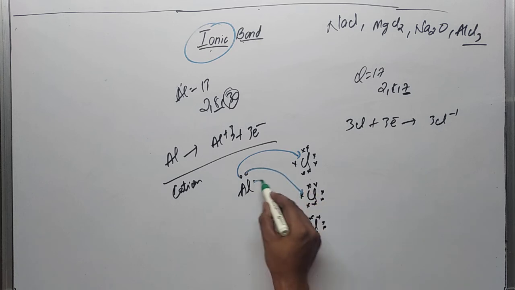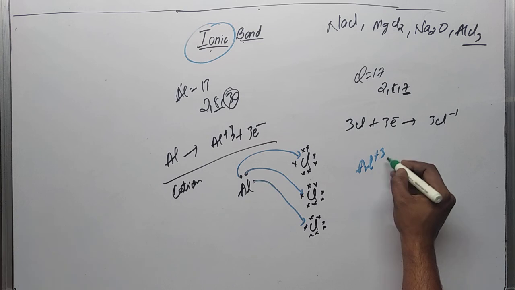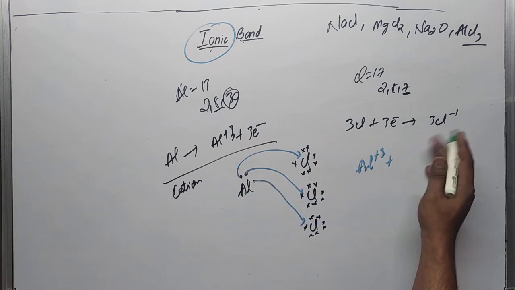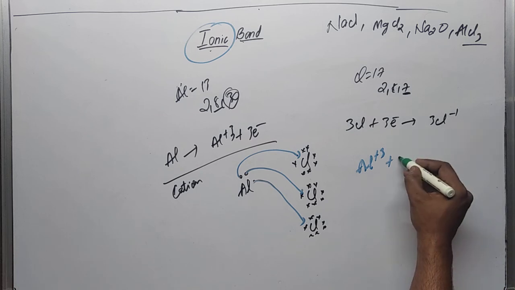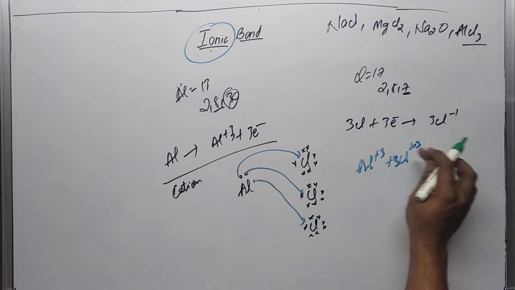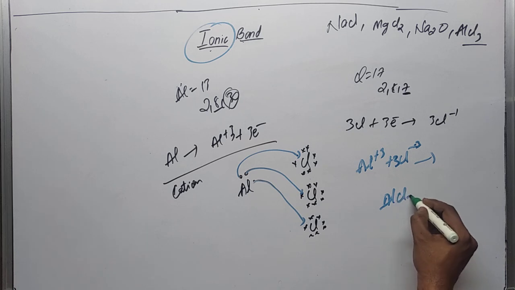So 3 electrons will be transferred to 3 chlorines. So here we have Al plus 3 charge and 3 chlorines, each with minus 1, so 3Cl minus. So this is the cation, this is the anion, both will combine and we will get the molecule AlCl3.